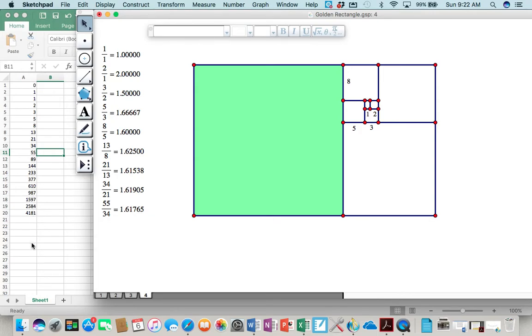Now the cool thing is that we never actually arrive there, because the golden ratio is an irrational number, and we don't have a limitless space in our calculator. We don't have limitless place value columns, and even if we did, we still couldn't accurately represent it in that way.